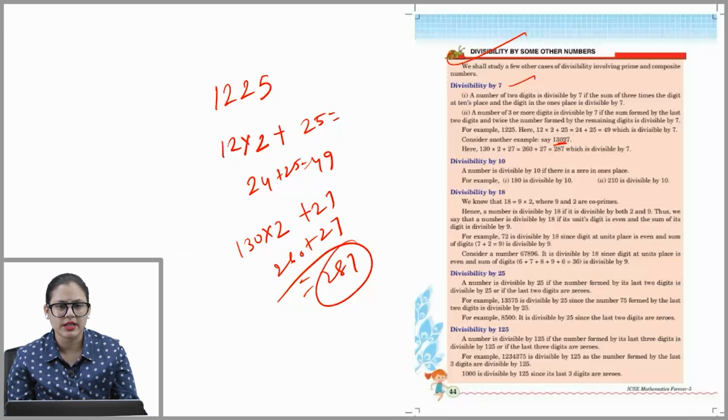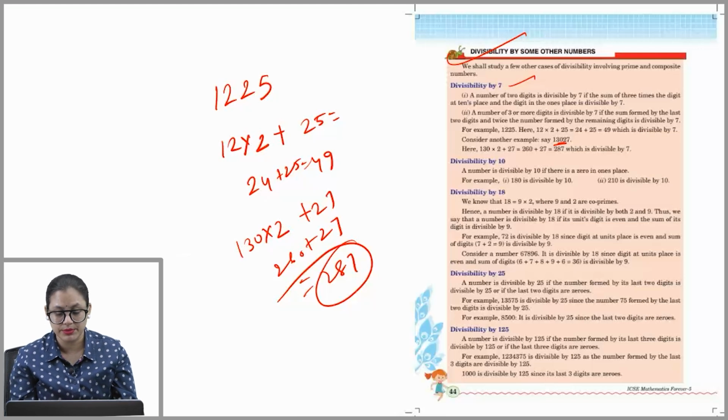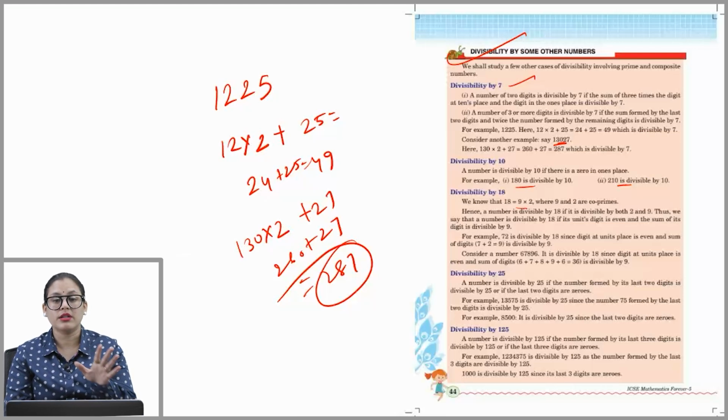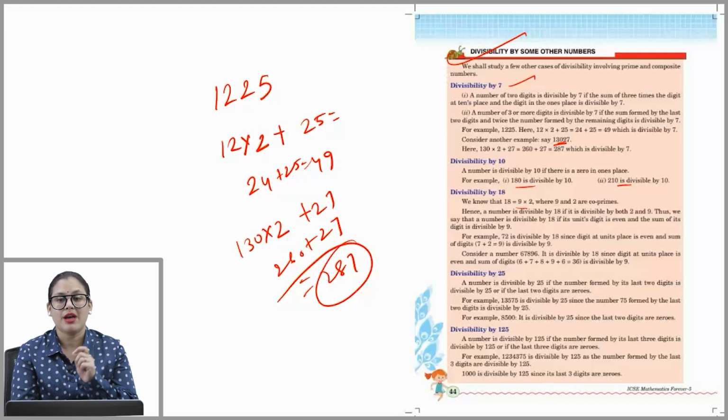Now divisibility by 10. A number is divisible by 10 if there is a 0 in the one's place. For example, 180 is divisible by 10, 210 is divisible by 10. Divisibility by 18. We know that 18 is equal to 9 into 2, where 9 and 2 are co-primes. Hence a number is divisible by 18 if it is divisible by both 2 and 9.